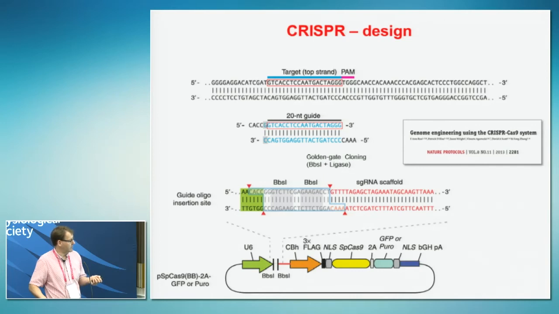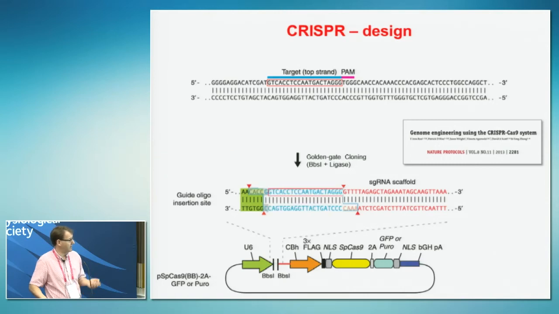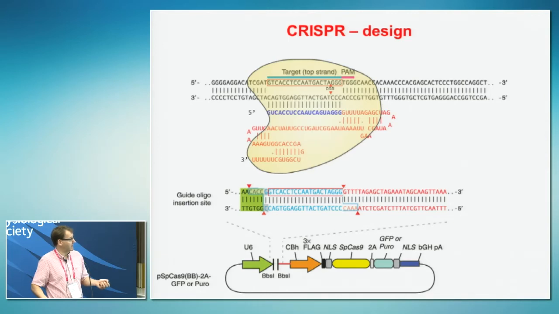You cut with BBS1, this flips out this little insert, the ends that you've put on match perfectly to the gap that you've created. And if this goes in, you can't cut it out again because you don't have the BBS1 sites. Once you've got this plasmid, you just stick it back into cells and this will make the protein for you. And you hear a lot more about different delivery techniques later on in some of the talks today.